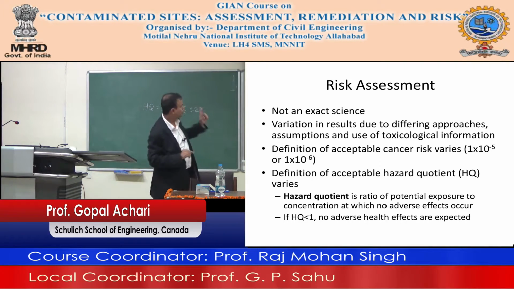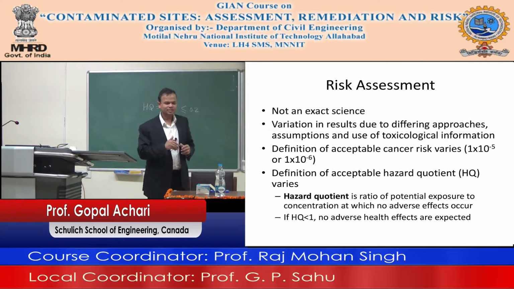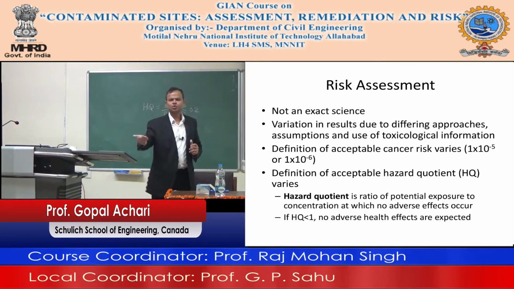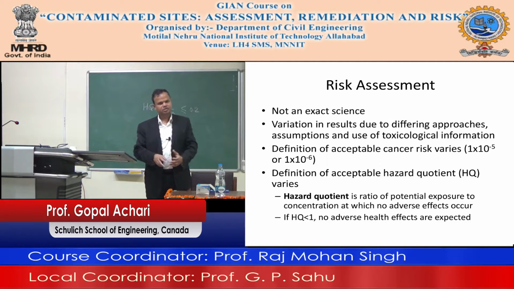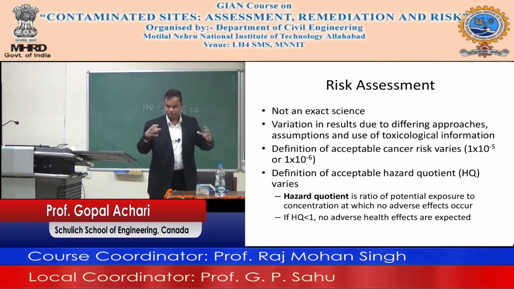Okay, now what I want to talk about is a preliminary quantitative risk assessment. It is a step towards a detailed risk assessment. The detailed risk assessment is when you use site specific information, you look at the people who are exposed, specific information you feed into the system.